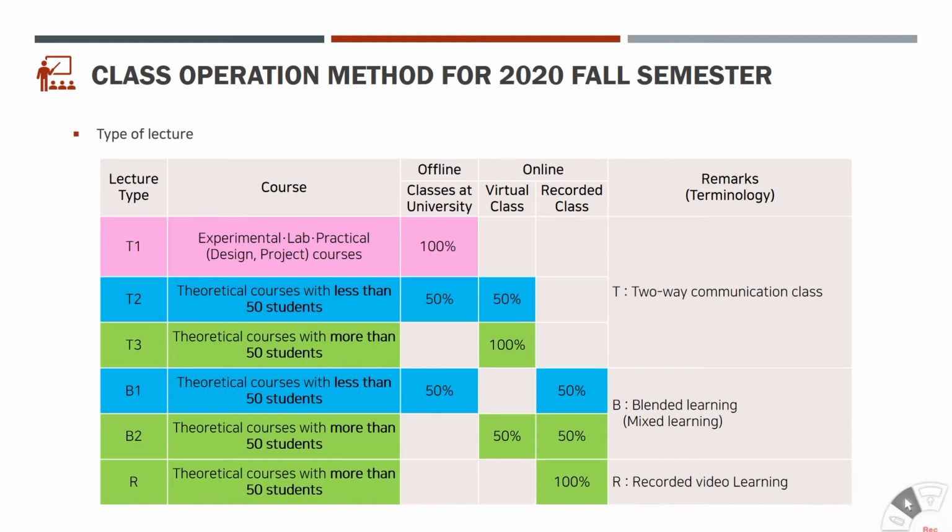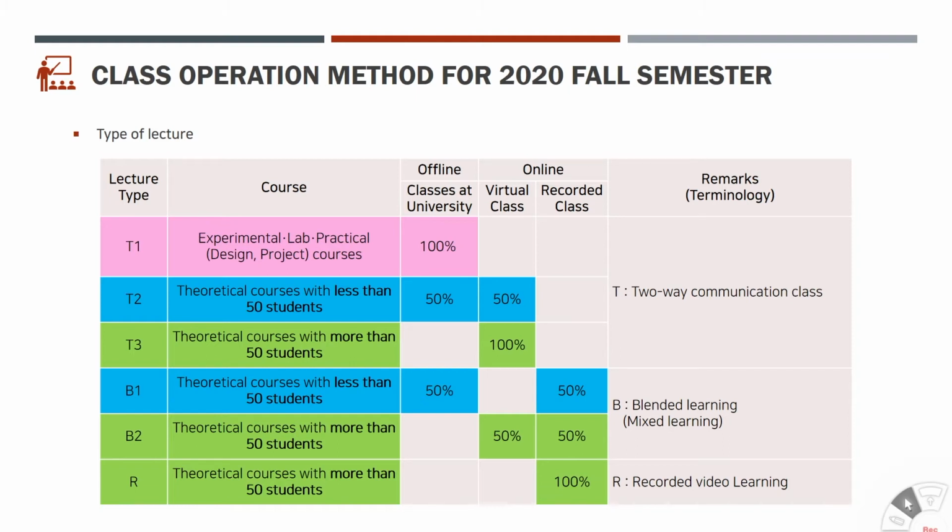This is 50% offline and 50% online, but the online part is a virtual class. The virtual class will be held using applications like WebEx or Zoom. Another one, T3, is theoretical courses with more than 50 students, and this class will be held 100% online in real-time as a virtual class.